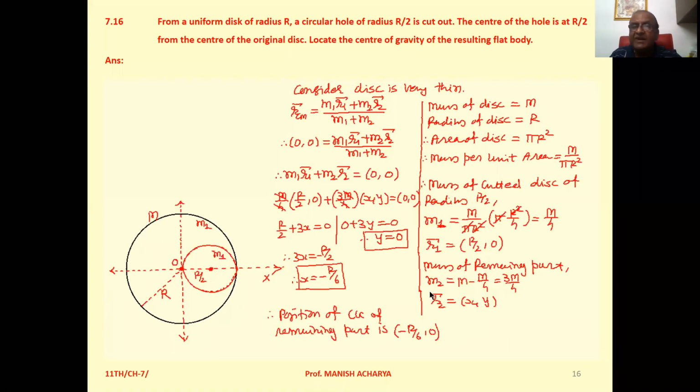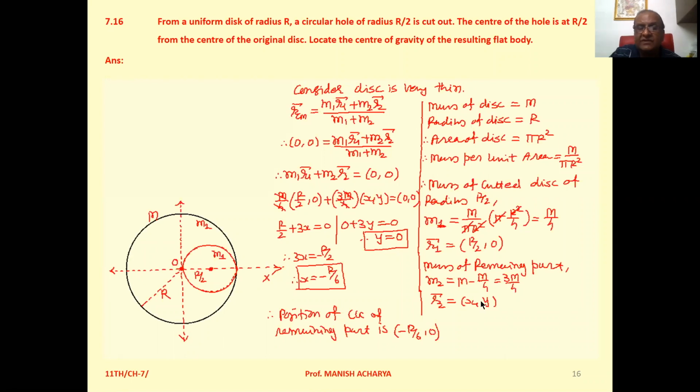Now mass of the remaining part. So this mass m1 is cut and taken out. It implies that the remaining mass m2 is capital M, and from that M by 4 is removed. So M minus M by 4 is 3M by 4.